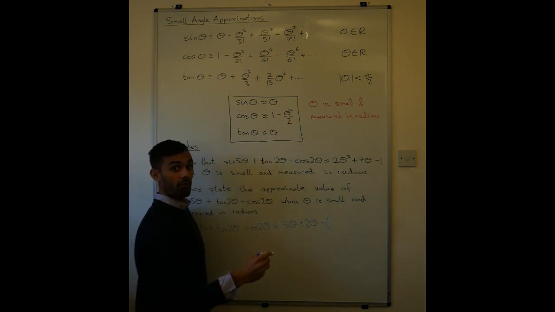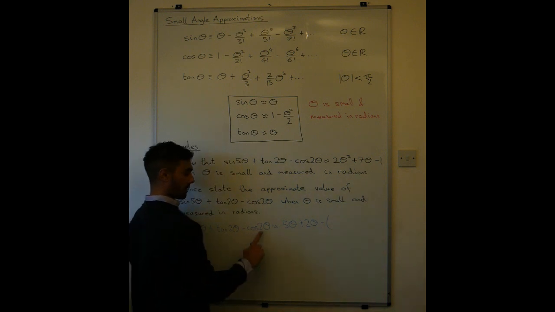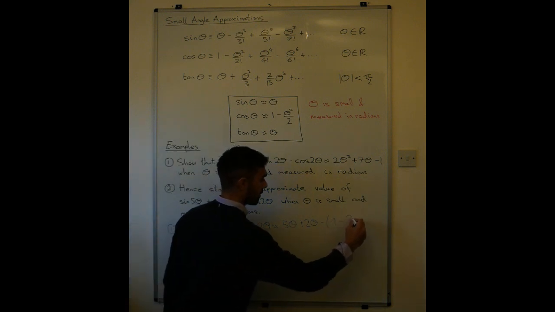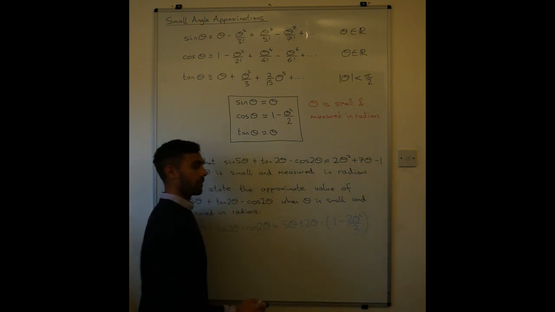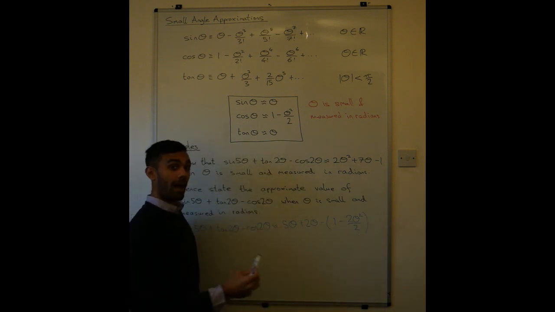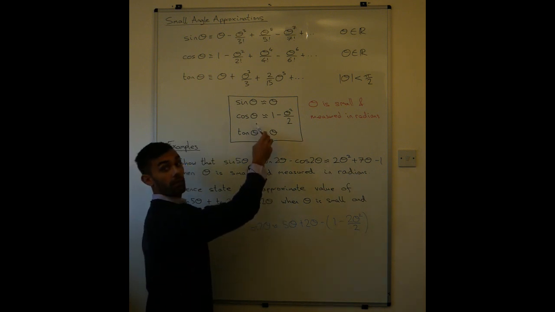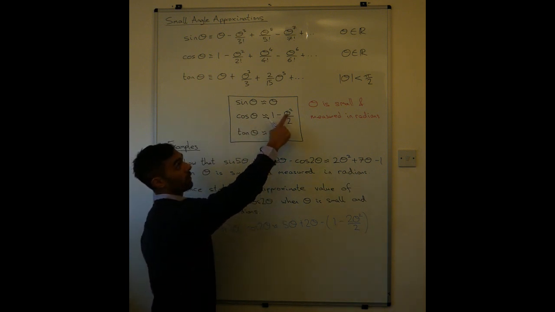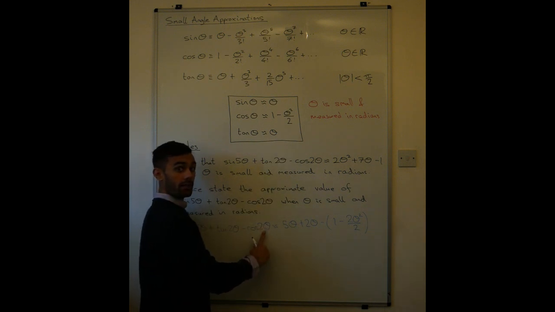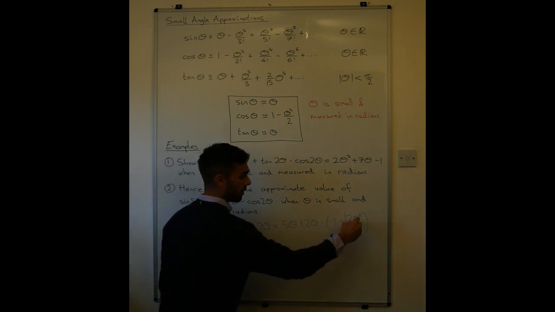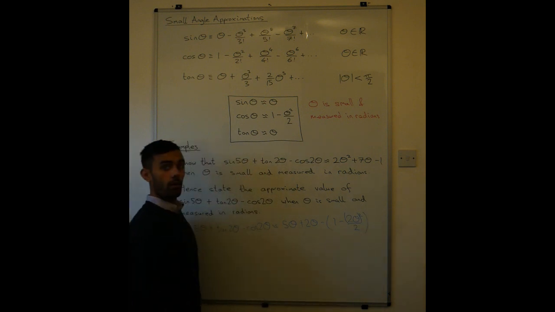The big mistake everyone makes is this. I haven't actually followed the rule here which says the angle must be squared and divided by 2. My angle's 2 theta. I must square it. All of it, not just the theta part.